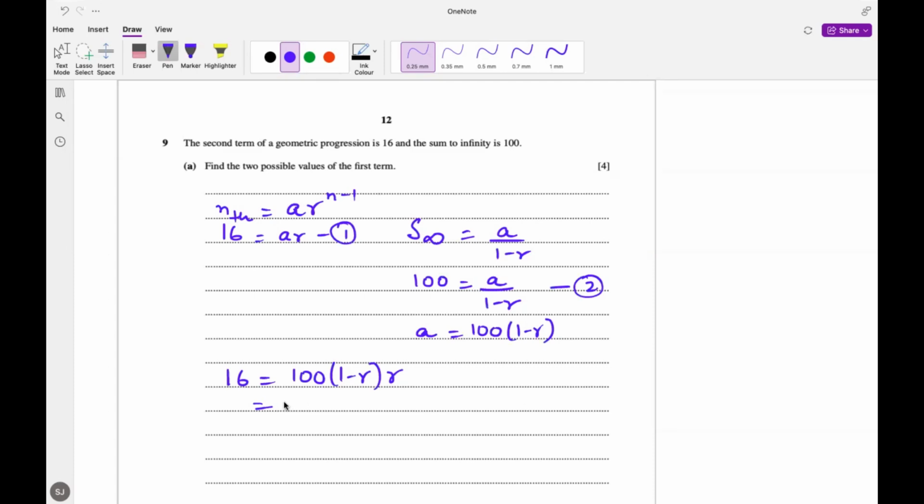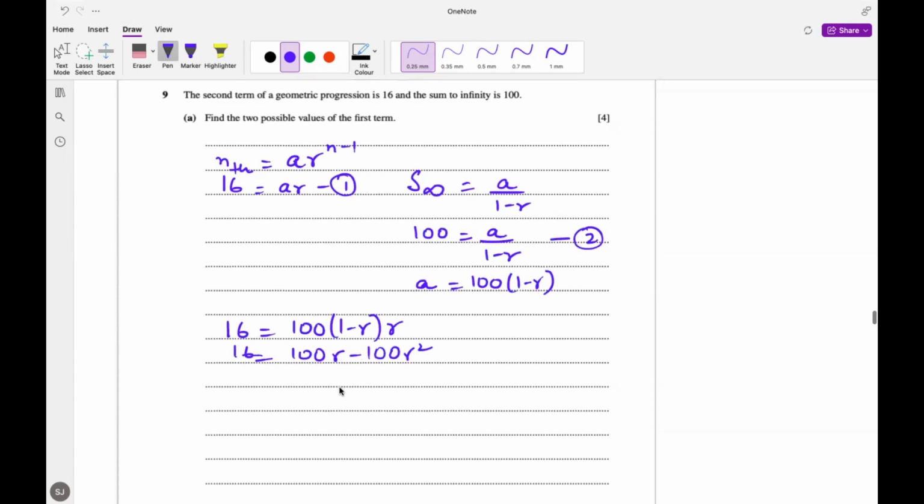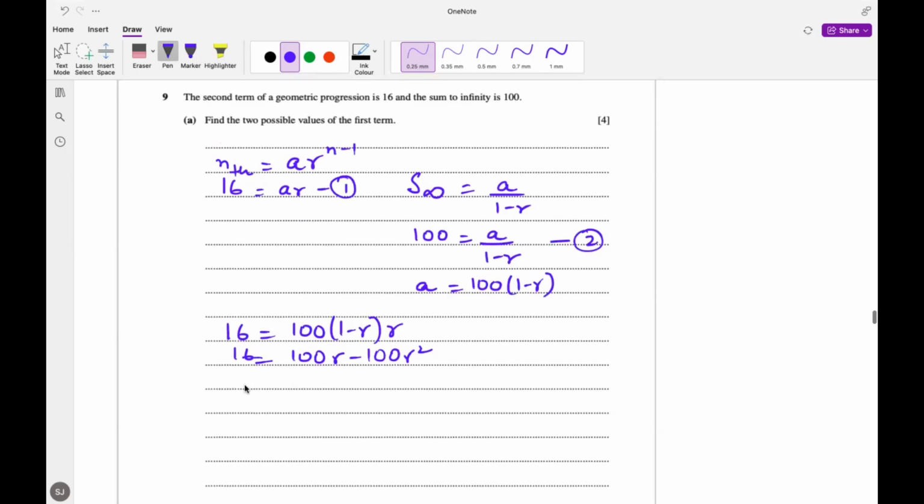So this will become 100r minus 100r squared equals 16. Taking the r squared to the left hand side to make it positive, we'll get 100r squared minus 100r plus 16 equals 0. Dividing it by 4 to make it simple, the equation will become 25r squared minus 25r plus 4 equals 0.